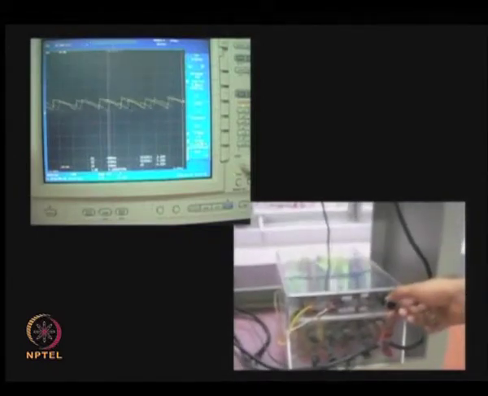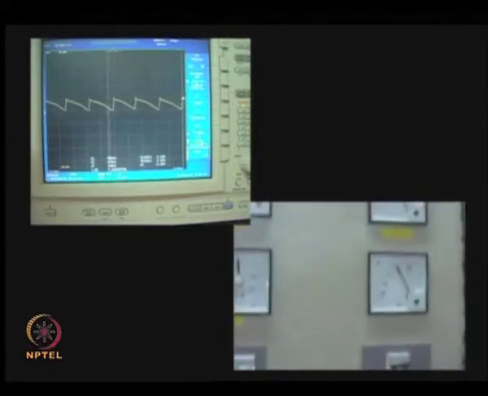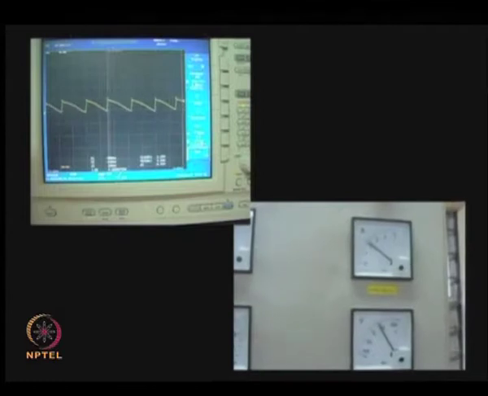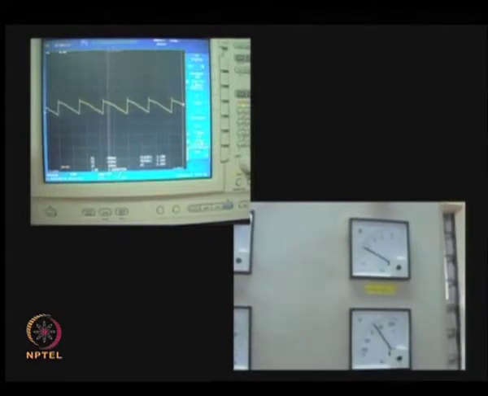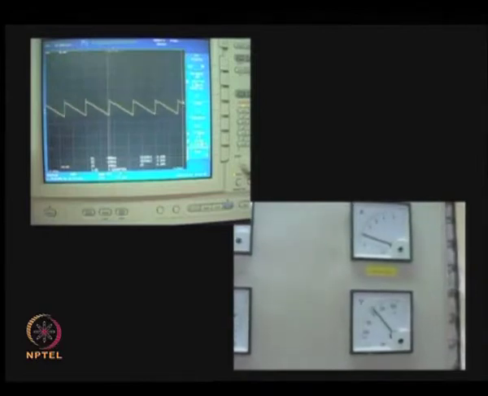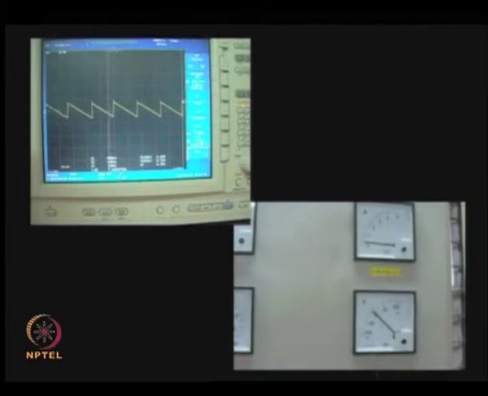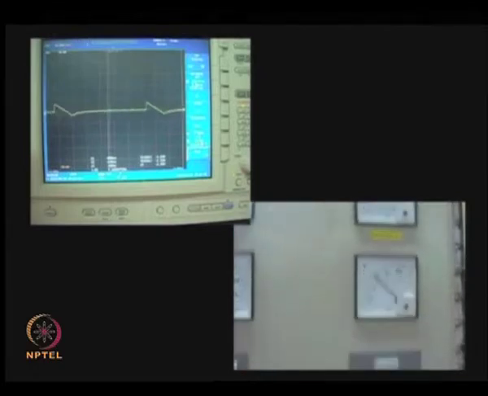Now by increasing the firing angle again, we can decrease the DC voltage, and you see the voltage coming down and the ripple increases. You would have noticed that the ripple, though not very clear on the CRO, is a 6th harmonic ripple.